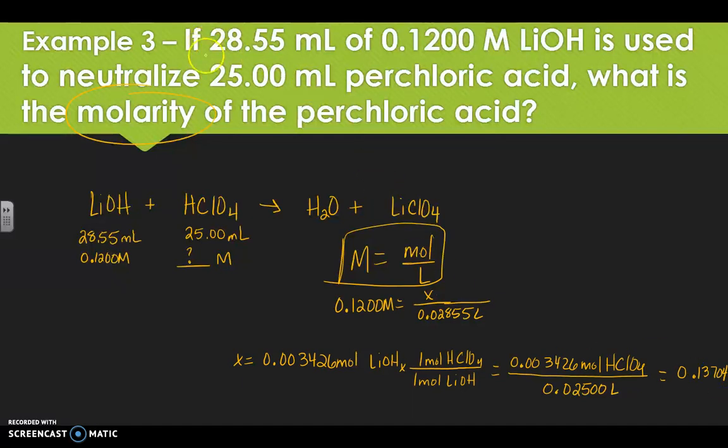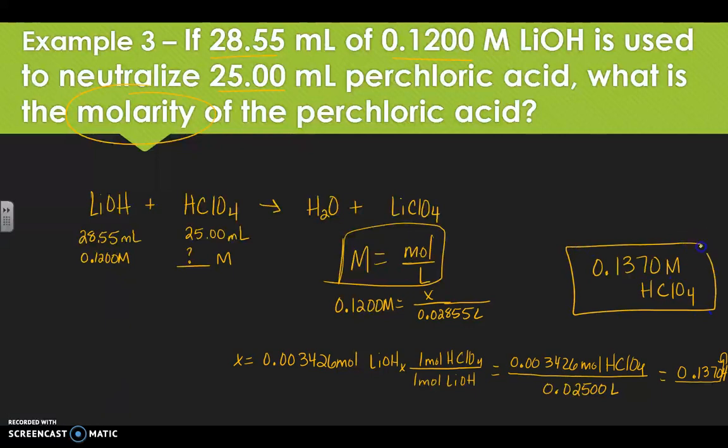Right? We look here, I've got four significant figures, so I want four significant figures. The 4 does not make the 0 change at all, so it's 0.1370 molarity HClO4. And that's all you have to do.